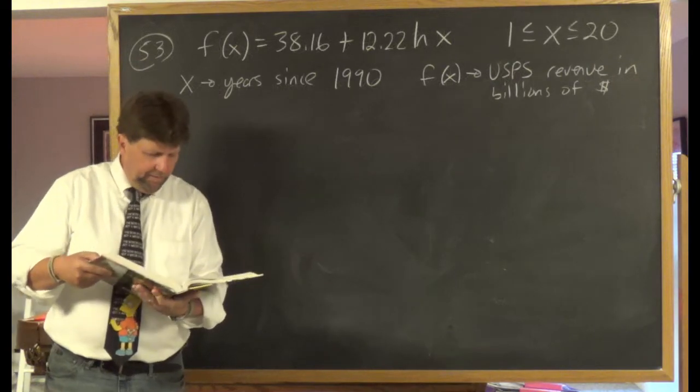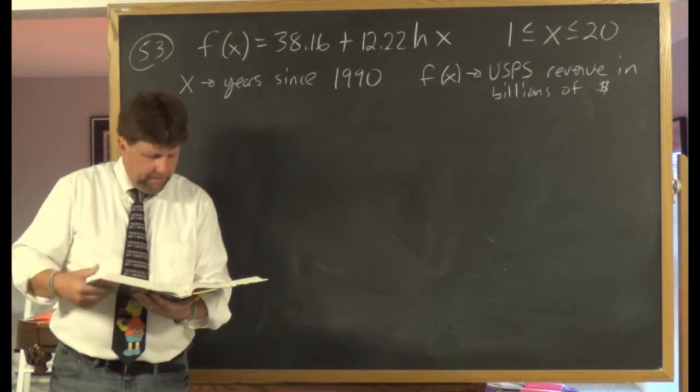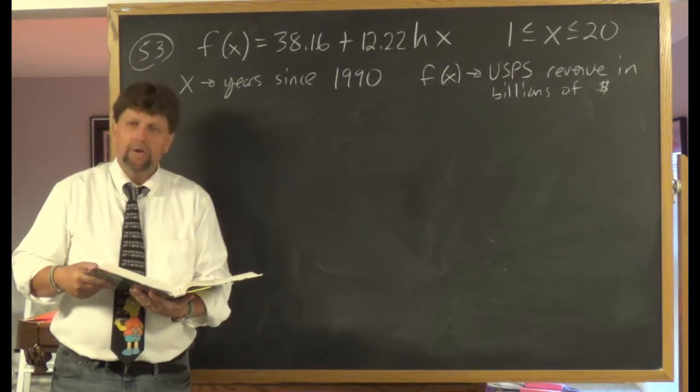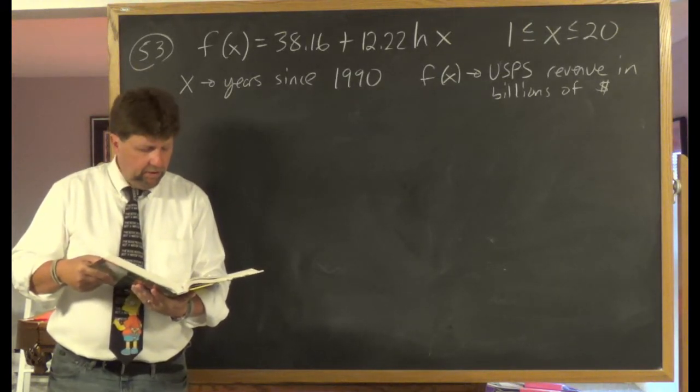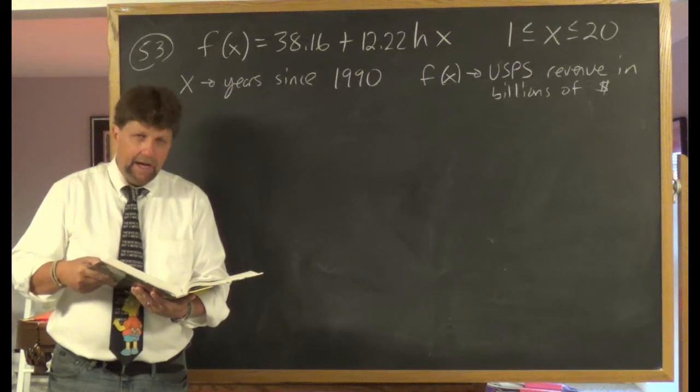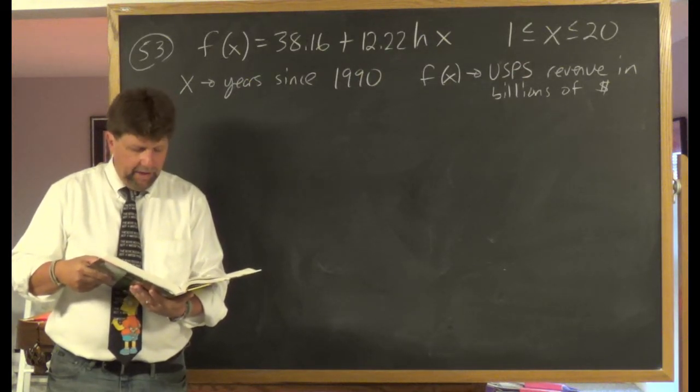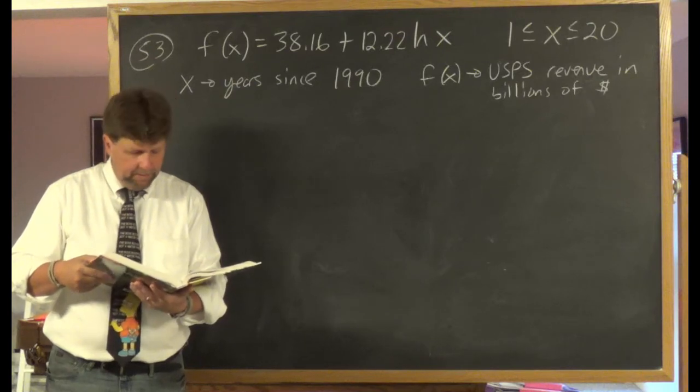All right, folks, here in number 53, it says, in order to regain revenue that has been lost to third-party couriers, the United States Postal Service adopted a flat parcel shipping rate during the mid-2000s.